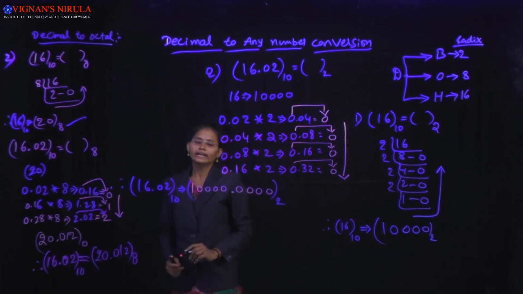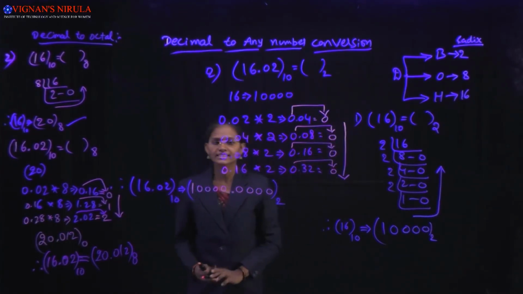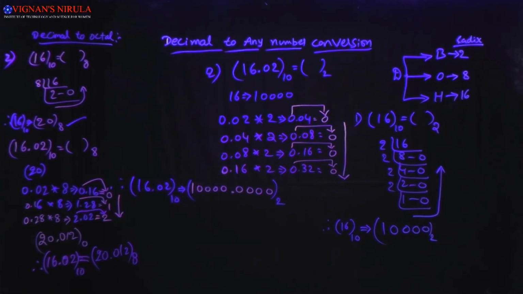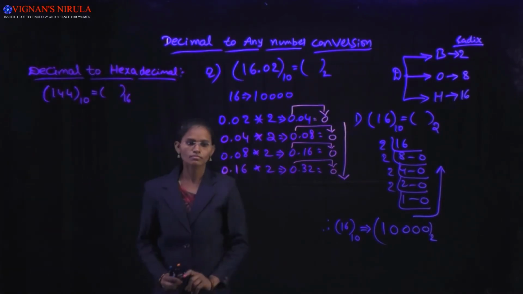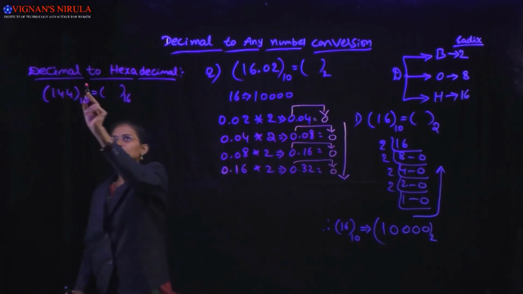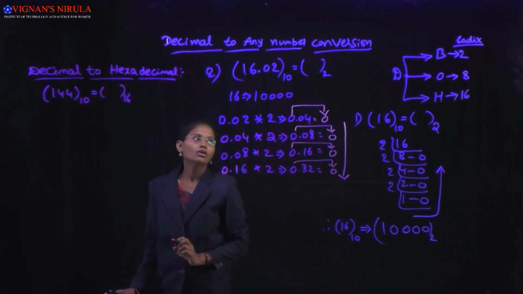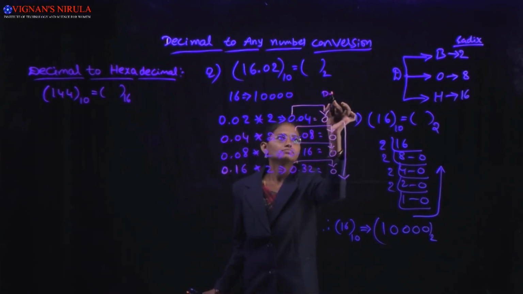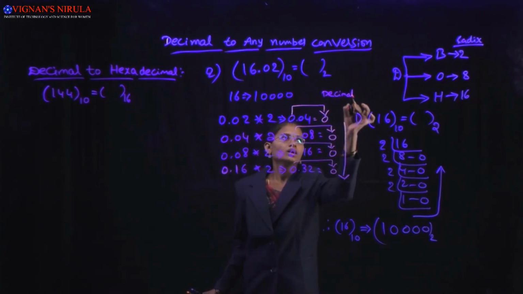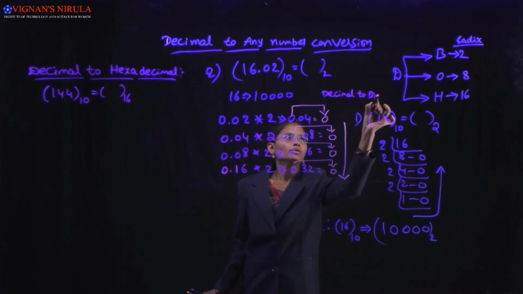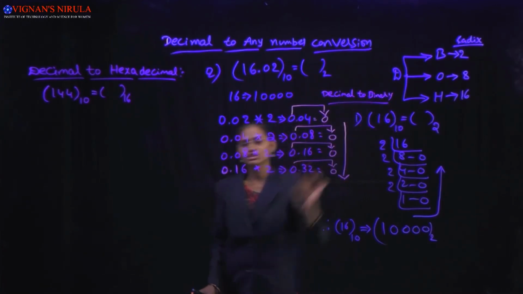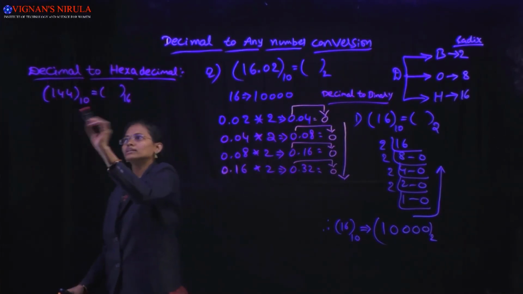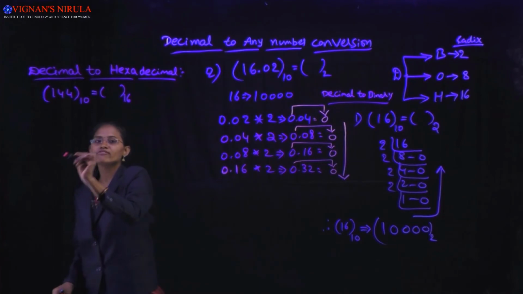Okay, and next is decimal to hexadecimal. The next conversion is decimal to hexadecimal. Coming to decimal to hexadecimal, here the decimal number is 144.